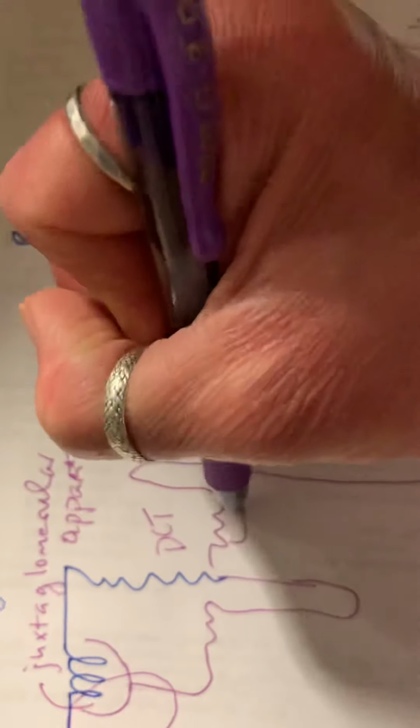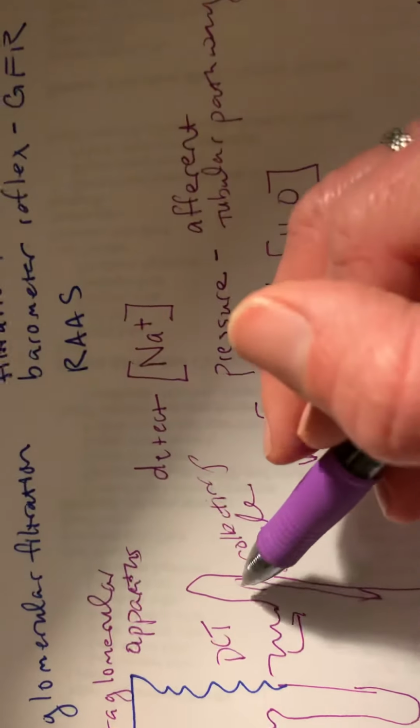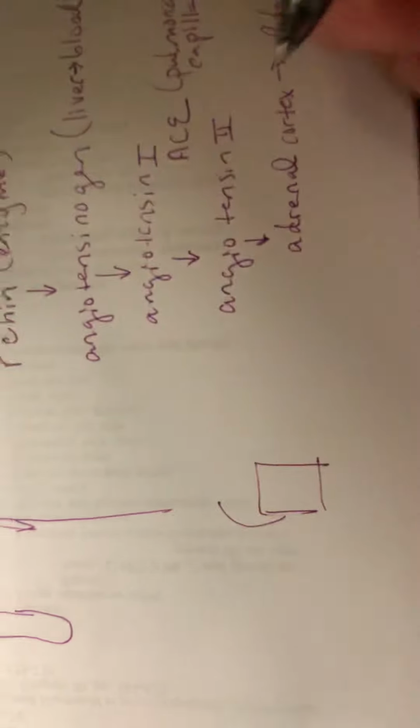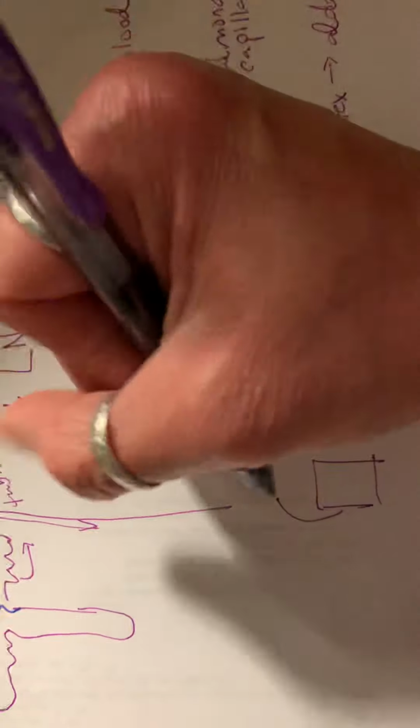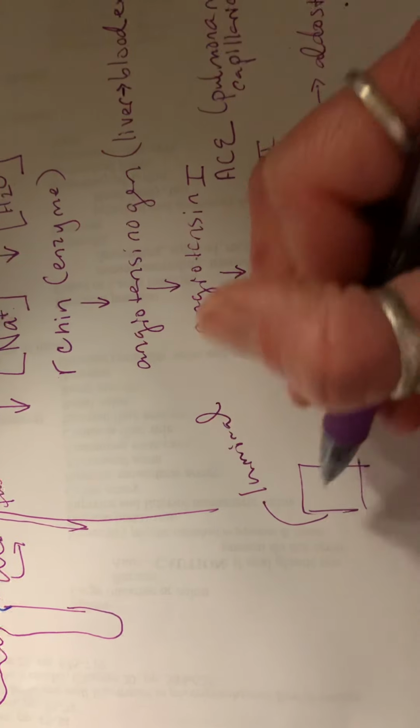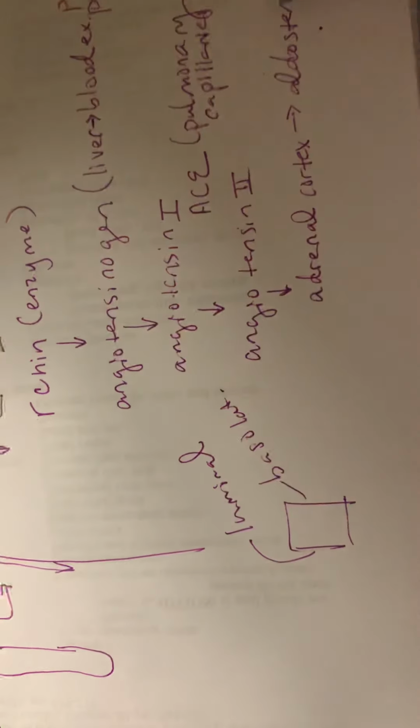So our filtrate is going through the tubular pathway and lining these tubules you've got simple cuboidal cells, and this would be the luminal membrane on the left of the cell, and over here on the right we'll make this our basolateral membrane.